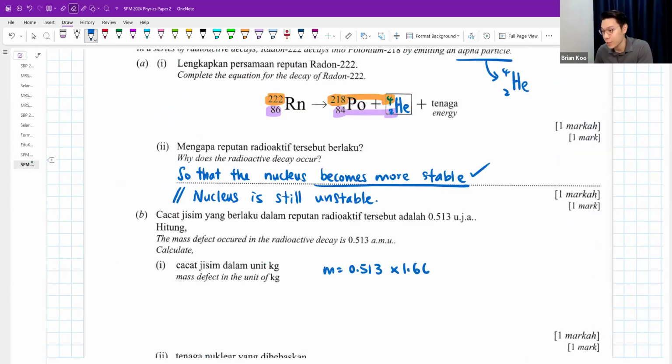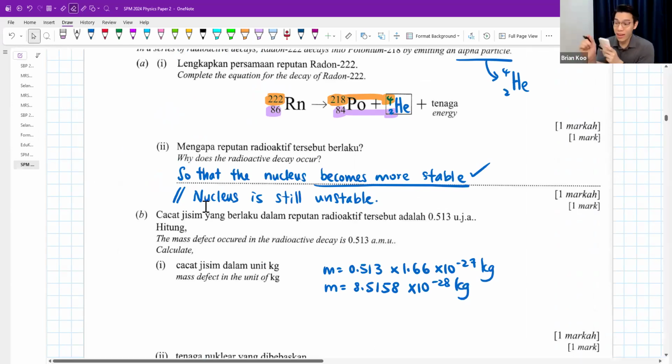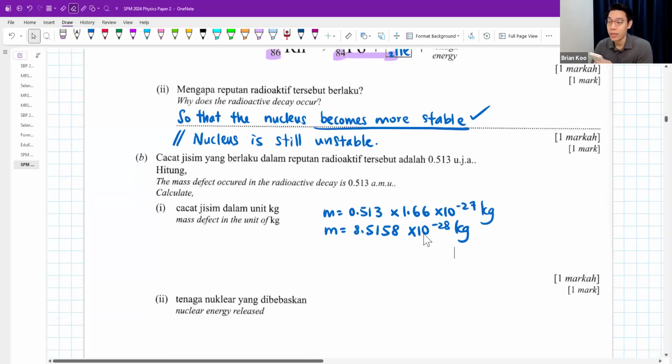This would be given in SPM formula sheet, don't need to worry. That is 1 AMU. And we get 8.5158. My calculator gave me 4 decimal places exactly, and I'm not going to round off. Usually the number's very tiny, and you just write this whole thing out will do.